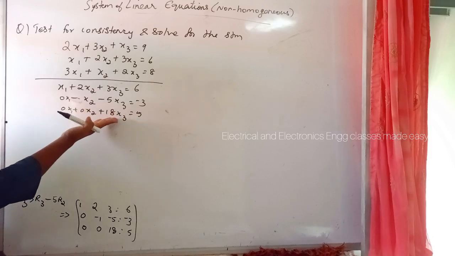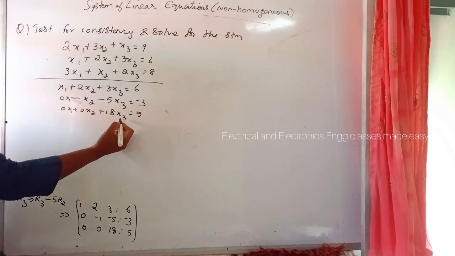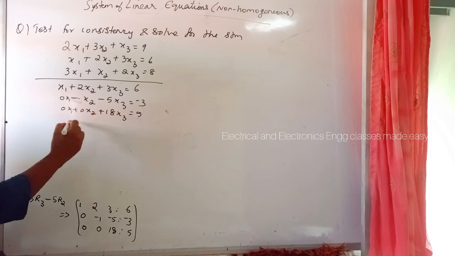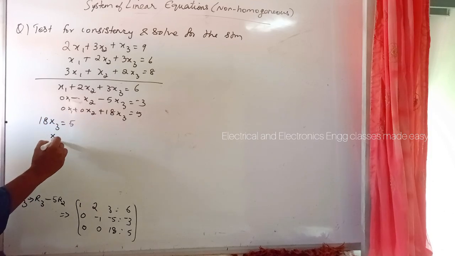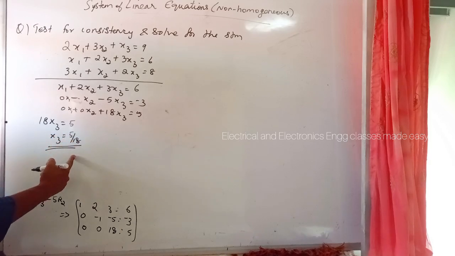So, we have to solve from the last row. From the last row we can write 18x3 is equal to 5, that is x3 is equal to 5 by 18.